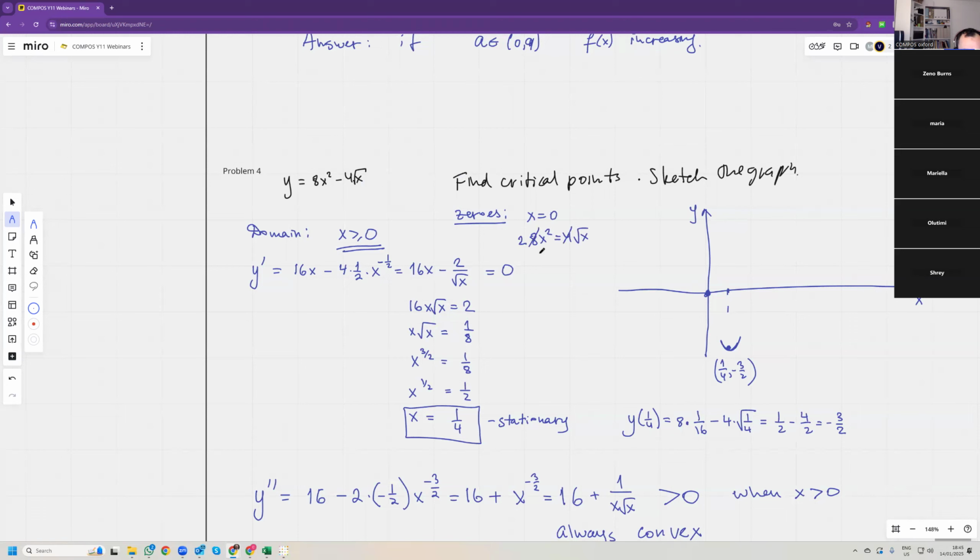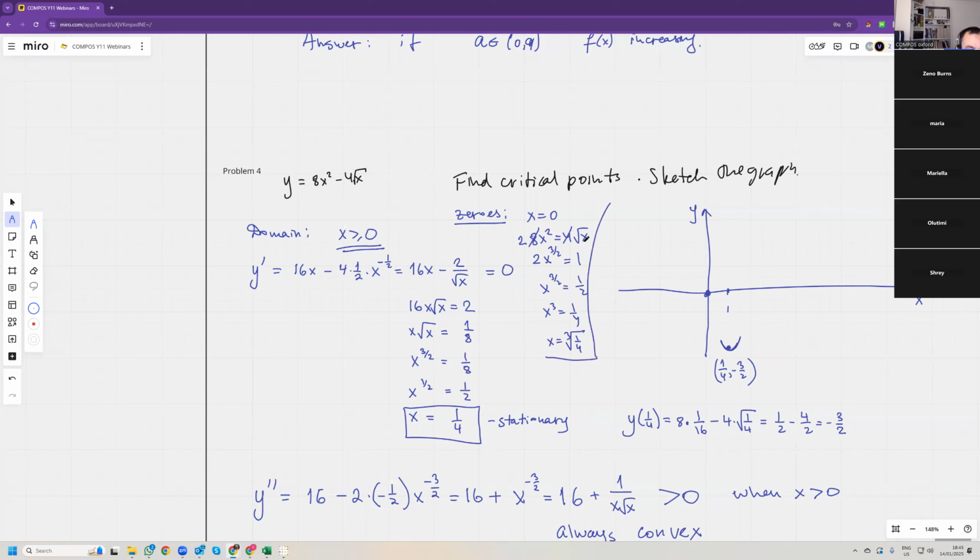So that's 2x to the power 3/2 is equal to 1. x to the 3/2 equals 1/2. x cubed is 1/4. x is cube root of 1/4.